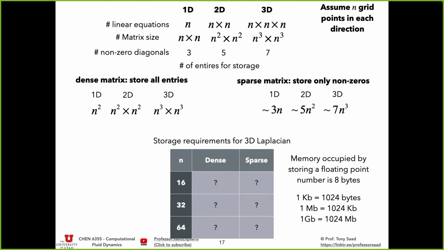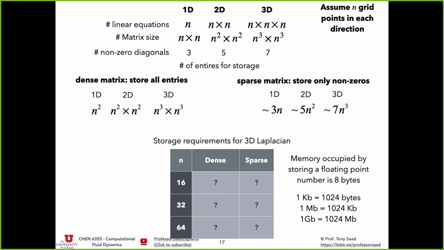For 32, for the dense I got about 32,800 gigabytes? That doesn't make sense. Grab your calculators.